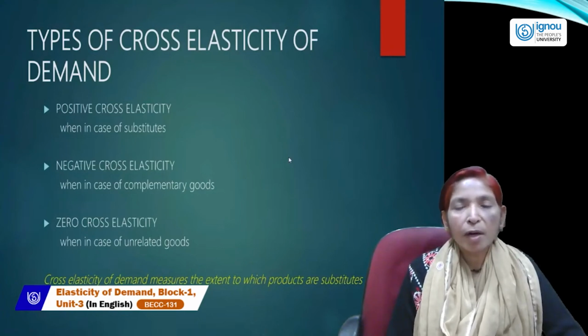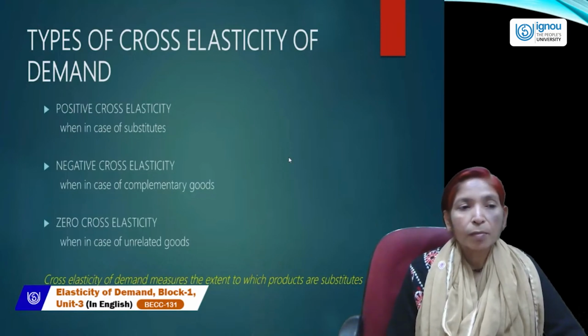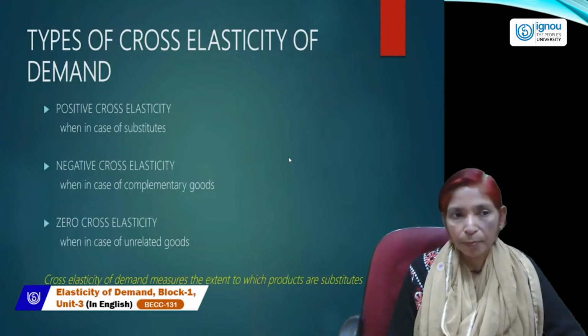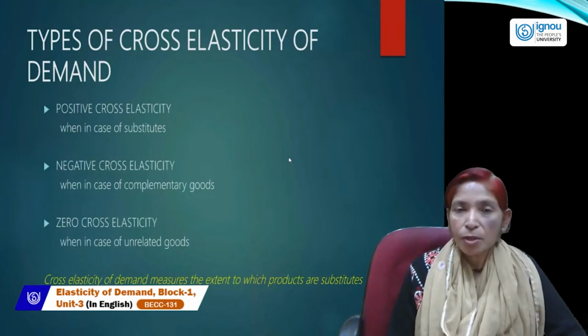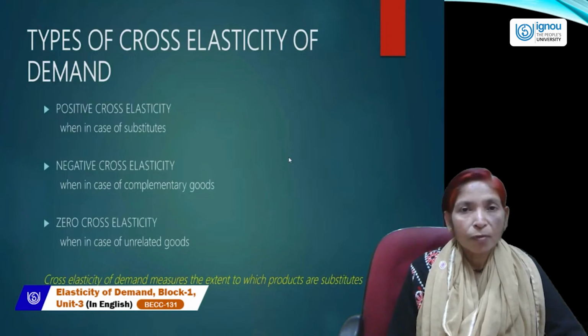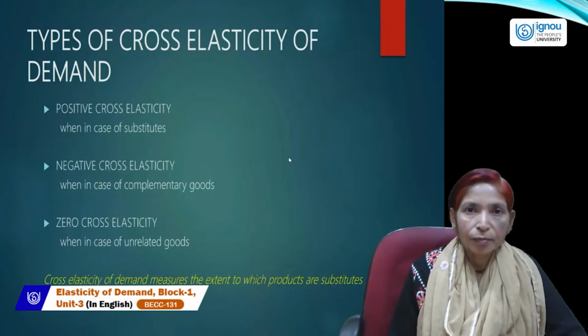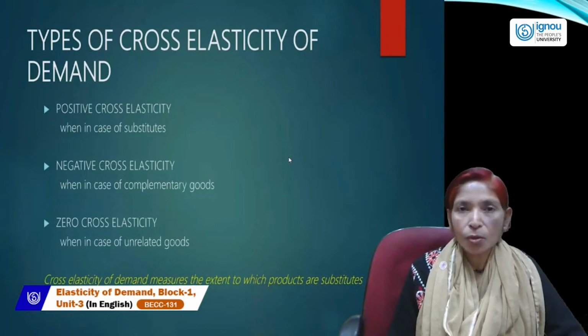Next is types of cross elasticity of demand. Cross elasticity of demand also has three main broader types. These three main types are positive cross elasticity, negative cross elasticity, and zero cross elasticity. Positive cross elasticity will exist in case of substitute goods. You know that substitute goods are those goods which can be used in place of each other.